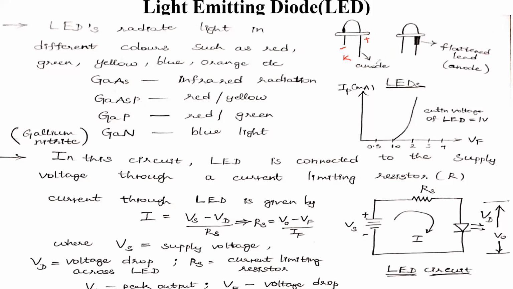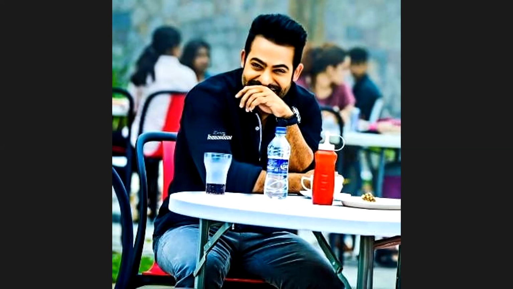Another notation is the flat surface: the flat lead I can call the anode, and the normal lead is the cathode. This is A, this is K, a symbolic notation. The anode terminal is the long terminal, which we can call positive.